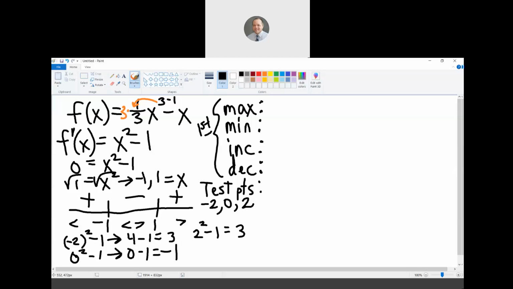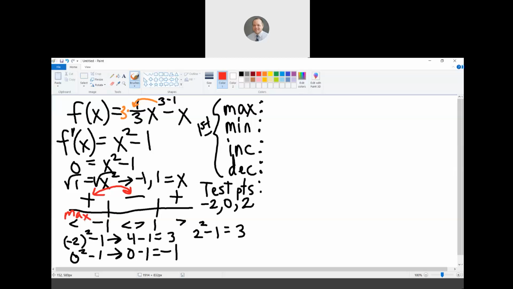Now the signs on our number chart tell us a lot about the characteristics of our graph. Right here, anytime you go from a positive to a negative sign, that indicates a relative maximum point here.